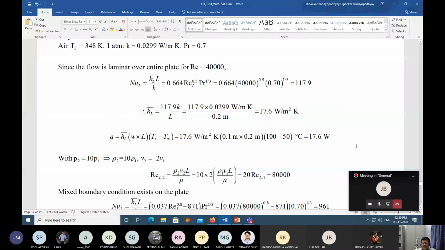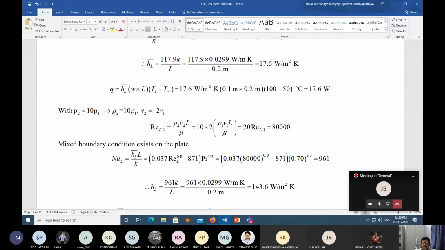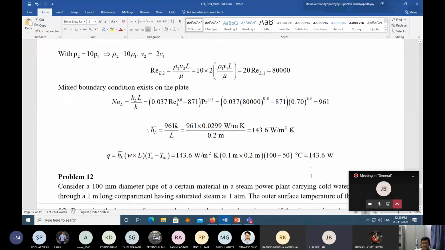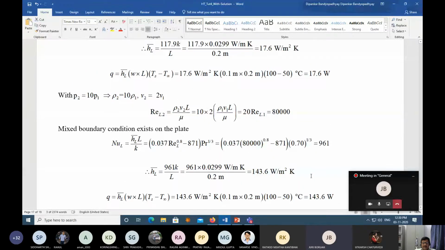How much is that? Why is it taking so much time? Straightforward, you have done already, the calculation. How much is h bar L? How much is the Nusselt number first? Sir, it comes 961. Very good. What is h bar L? 143.6.